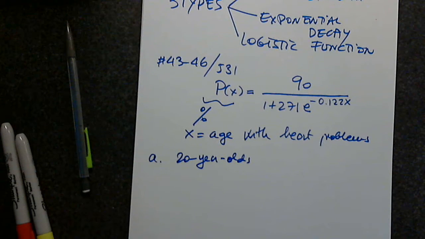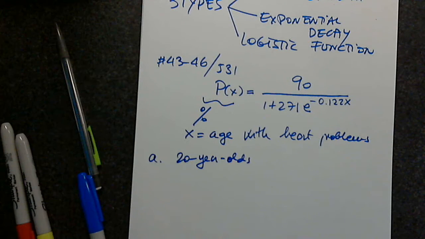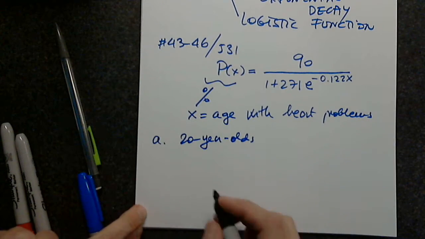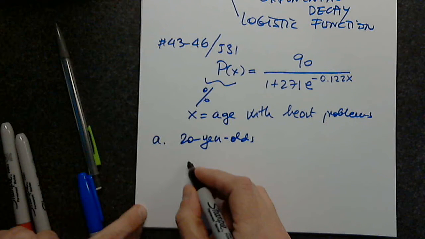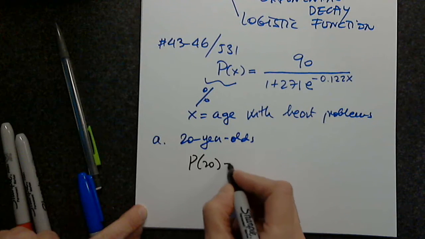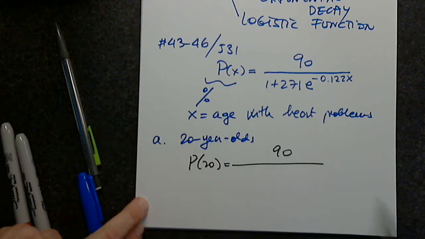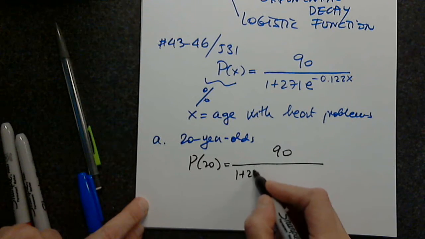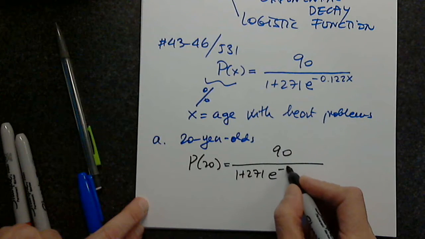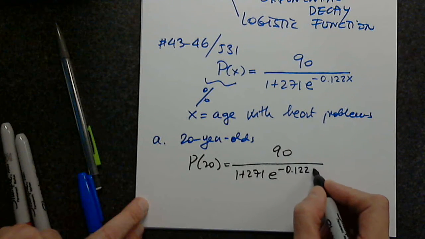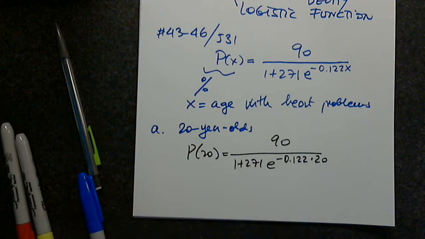What am I asked to do? Perfect. So I need to find P of 20. Very good. So this is 90 divided by 1 plus 271 e to negative 0.122 times 20.